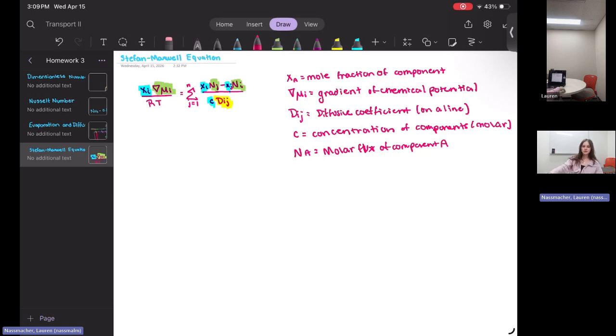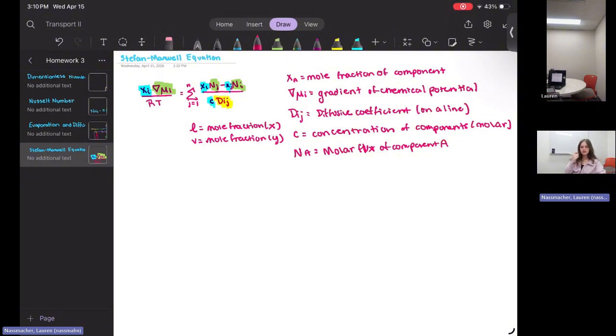So what we're going to do now is relate our molar flux equation to the Stefan-Maxwell equation with the velocity. Before we continue, I do want to mention that for our mole fractions, you can use either y or x to describe them. For liquids, you usually describe those mole fractions as x, and for gases or vapors, that mole fraction is going to be a y.